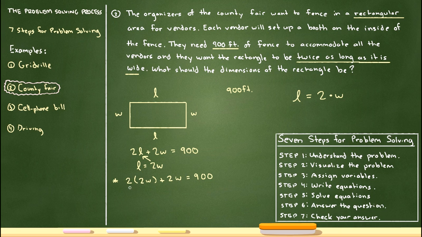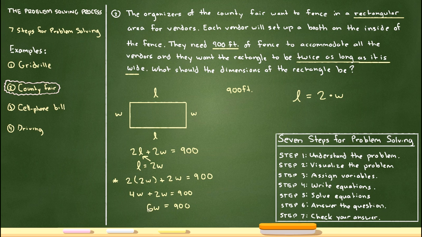All right, so let's go ahead. We could solve for W, so let's go ahead and do so. And to do this, we want to simplify the left side, so we get 4W plus 2W is equal to 900. And 4W plus 2W is 6W. And this is equal to 900.